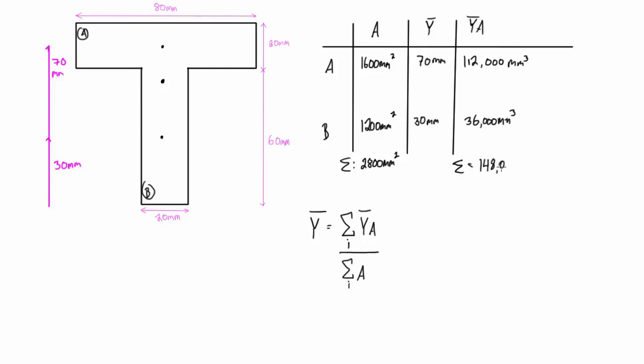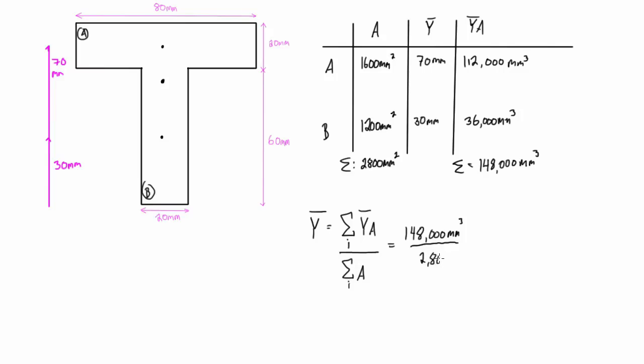So we can just get 70 millimeters times 1,600 millimeters squared. That gives us 112,000 millimeters cubed. If we do the same thing for section B, we get 36,000 millimeters cubed. If we take the sum of those, the sum of y bar times A, we'll see it's 148,000 millimeters cubed.